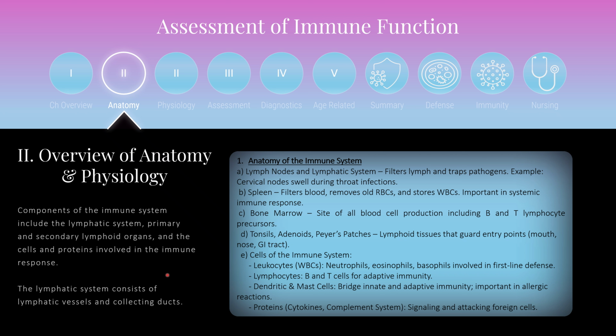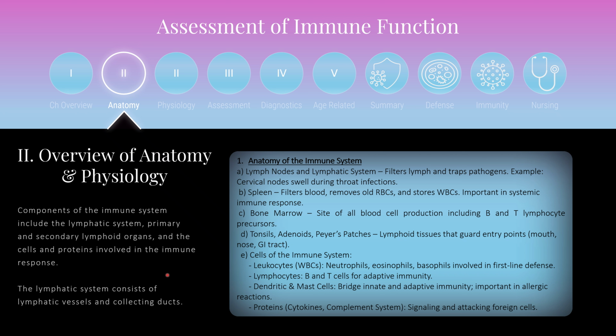So the anatomy of the immune system is the lymph nodes and lymphatic system, which filters the lymph and traps pathogens. For instance, the cervical nodes swell during a throat infection. Spleen filters blood, removes old red blood cells, and stores the white blood cells, important in systemic immune response.